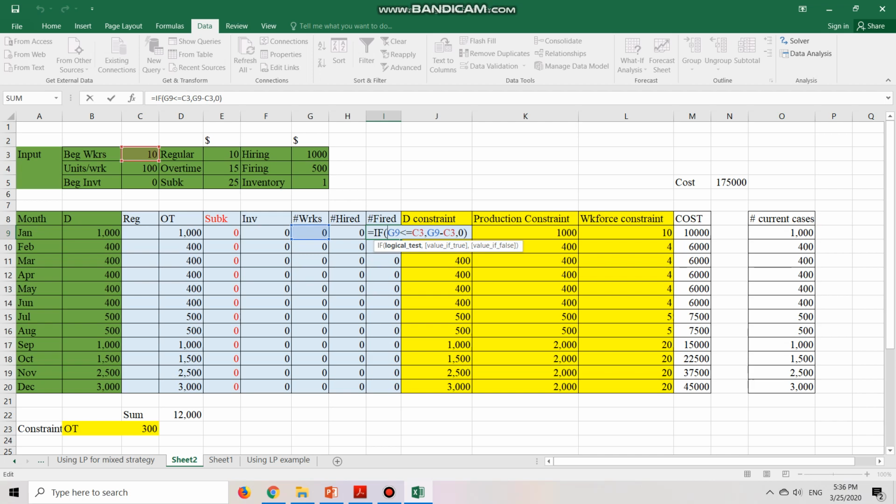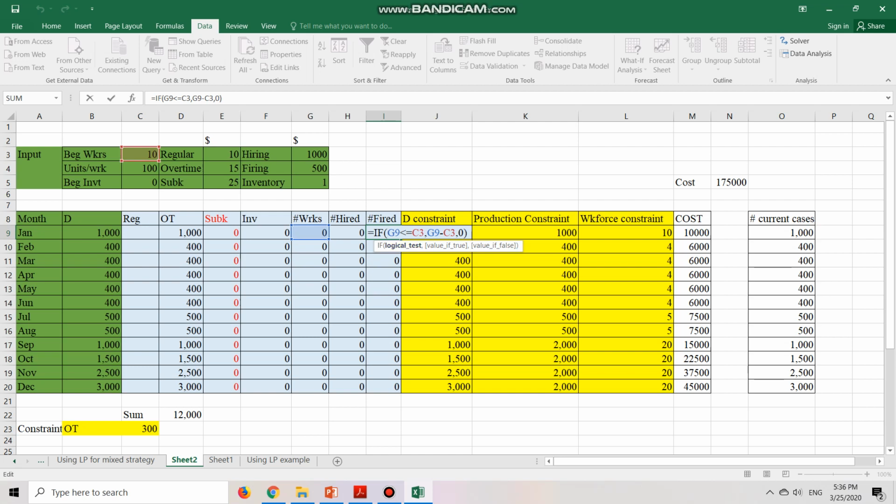So if what we need is less than or equal to what we have, we will need to fire someone. Okay, so if we need 5 people but we have 10 people, we need to fire 5 people, right?